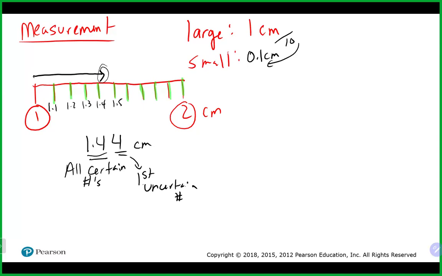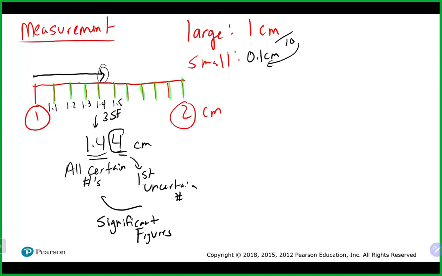And a reminder that that is really how many significant figures it has. In this case, this would have 3 significant figures.